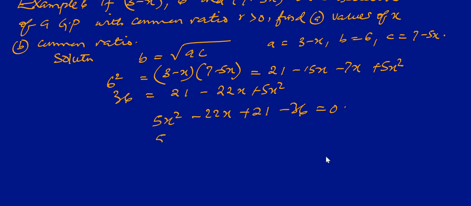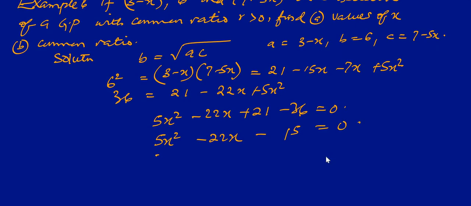So we are going to have 5x squared minus 22x minus 15 is equal to 0. So what we have now is two numbers which, when you add them together, give minus 22, and when multiplied, give minus 75.